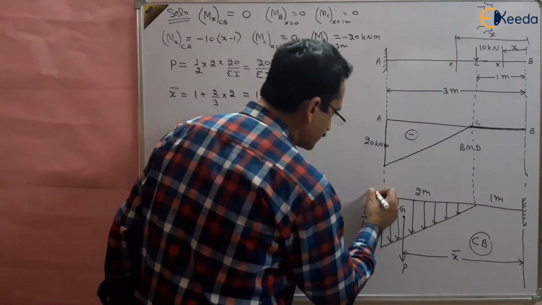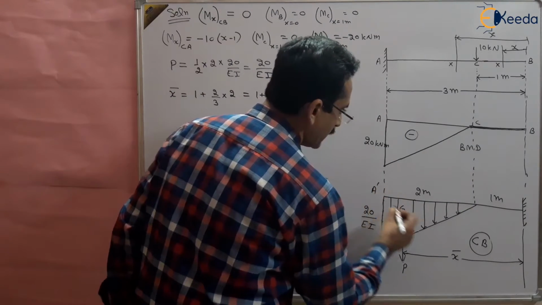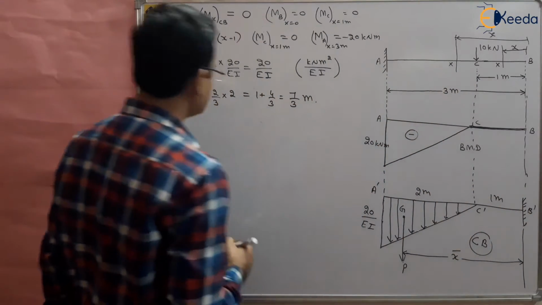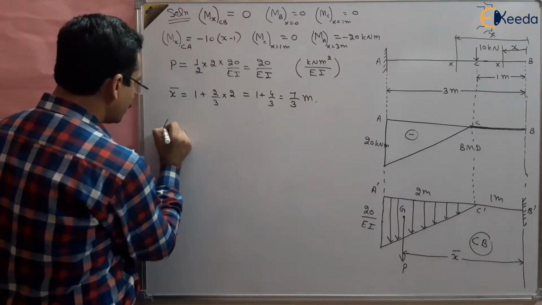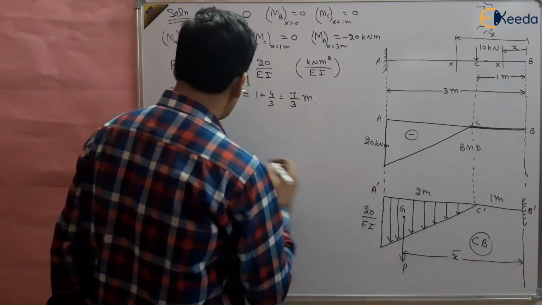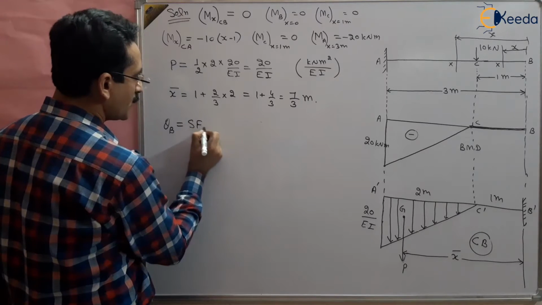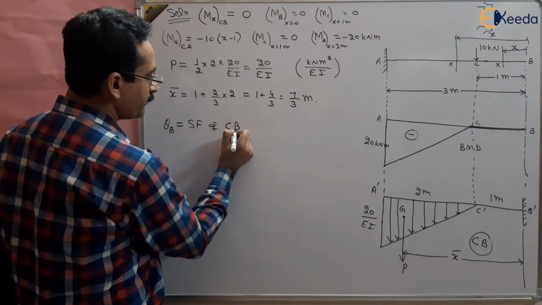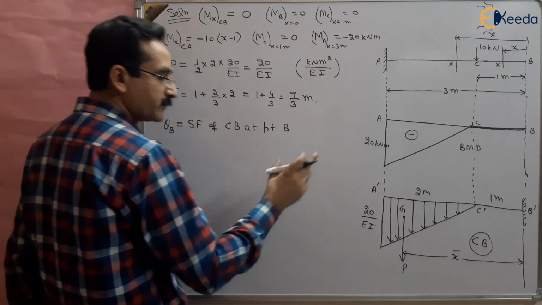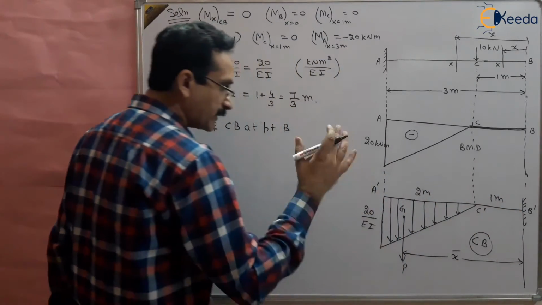So at point B, suppose this is A dash, this is B dash, and this is C dash. The slope at point B will be equal to the shear force of the conjugate beam at point B. What is shear force?